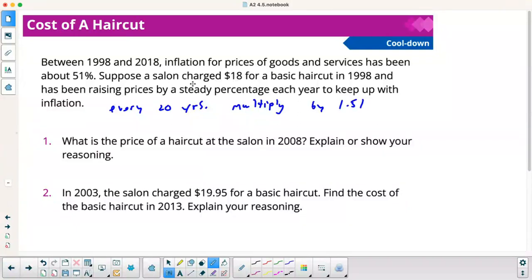Suppose a salon charged $18 for a basic haircut in 1998, and has been raising prices by a steady percentage each year to keep up with inflation. What is the price of a haircut at the salon in 2008? So we started out at 18. 2008 is 10 years out of the 20.